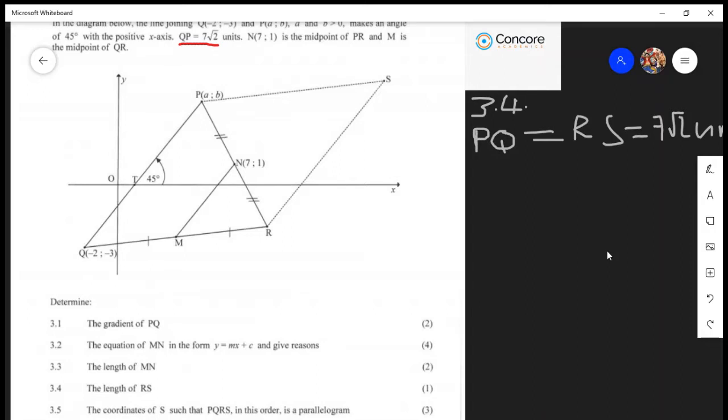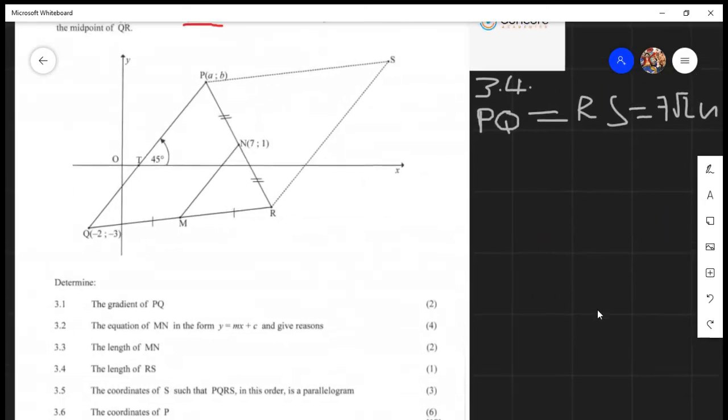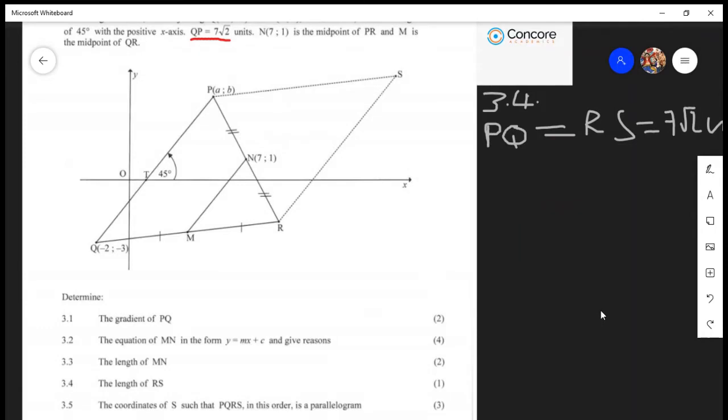If you read through the questions when you start your question paper, from question 3.1 until question 3.6, maybe you would have got a hint for question 3.4 from question 3.5. Like even with functions, some questions say calculate the value of a, and then in the next question they say if the value of a is equal to whatever, calculate this. So you get clues to the previous question if you read the next question sometimes.